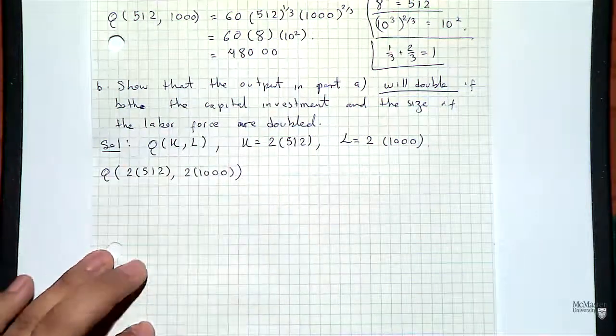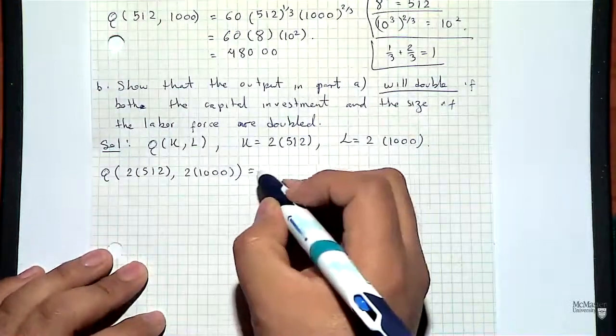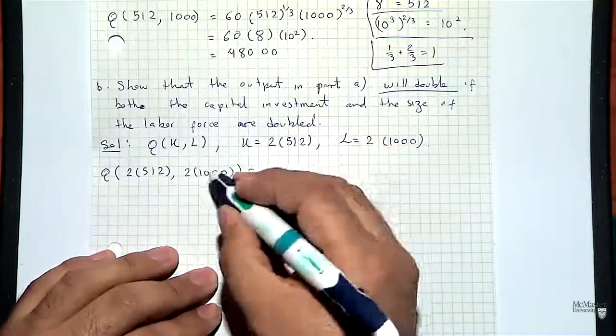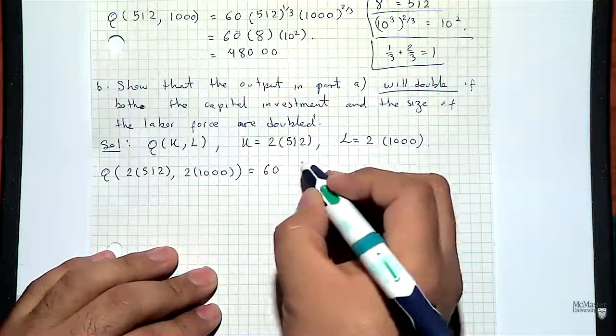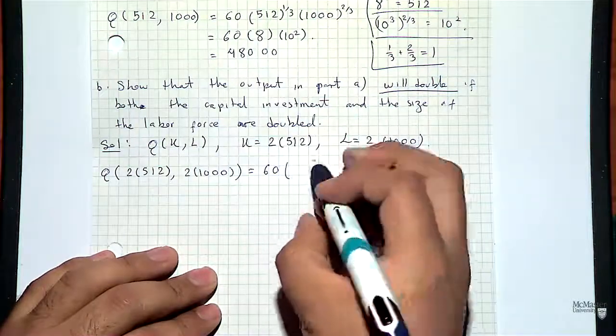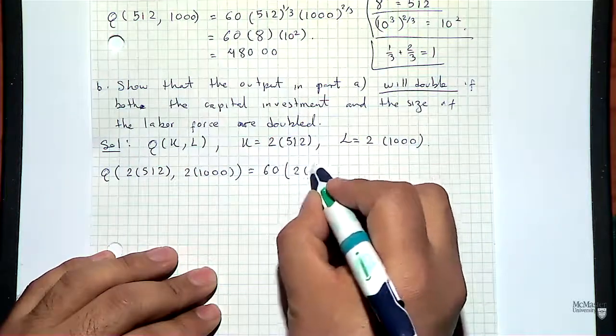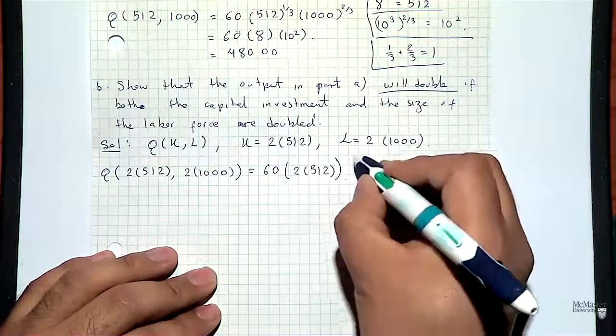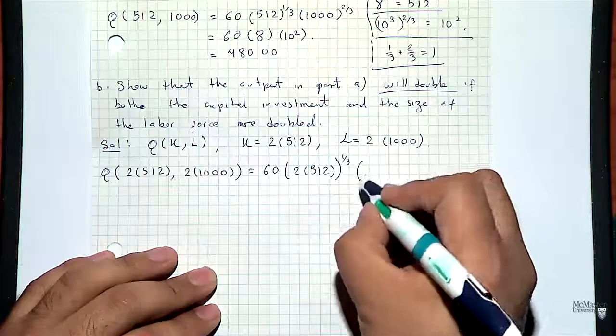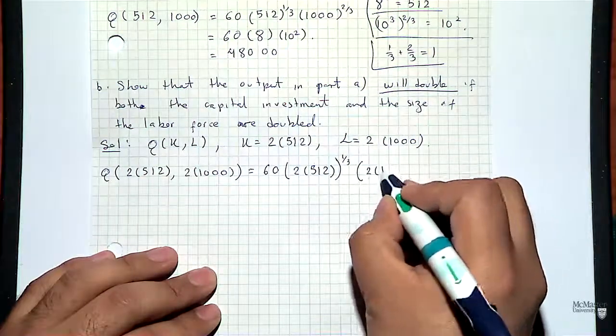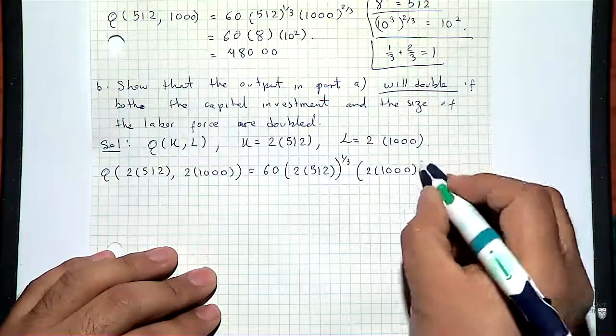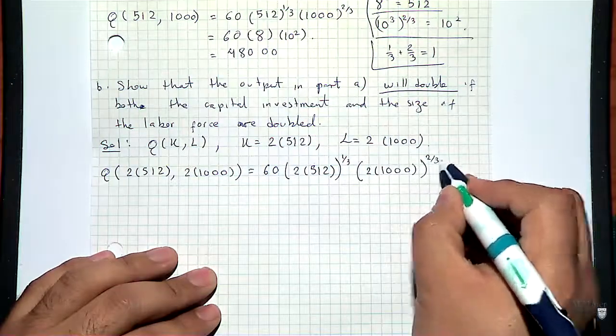Of course I could write 2000, but we're going to play with the powers a little bit and it will be more convenient to keep it just like this. So the rule is, again, whatever you have as a K, which is in this case 2 times 512, you elevate to the power 1/3, and whatever you have as the L, which is in this case 2 times 1000, you will take to the power 2/3.